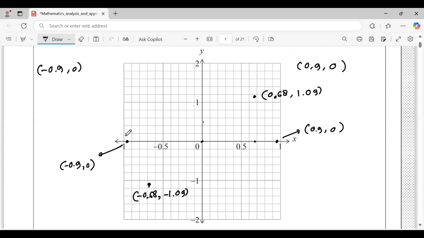And let's sketch. Okay, this one, the graph.